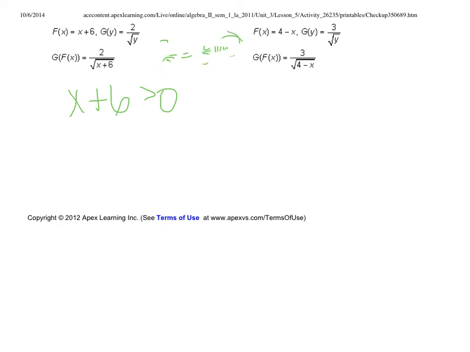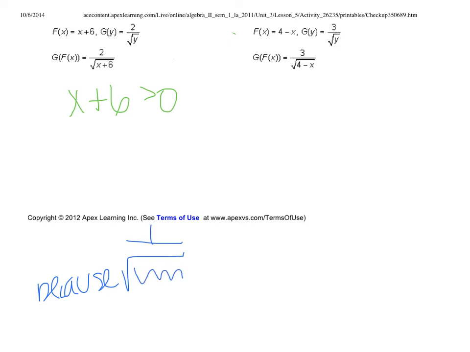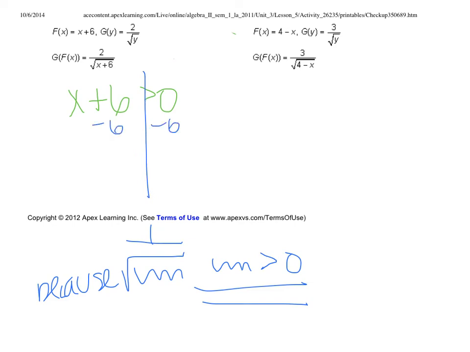So rather than just saying greater than or equal to 0, because just the square root is in the denominator, looks like this, 1 over the square root of blah, blah, blah, then I can say that the blah, blah, blah part just has to be greater than 0. That's it. So I'm going to solve for x. I'm going to subtract 6 from both sides. So x has to be greater than negative 6. As long as x is greater than negative 6, I'm going to come up with an answer.